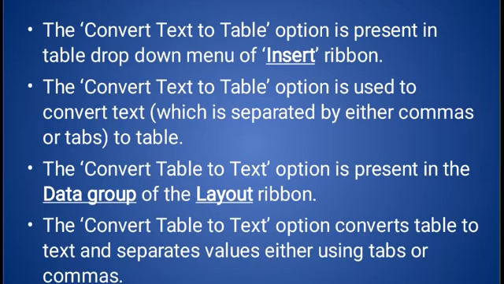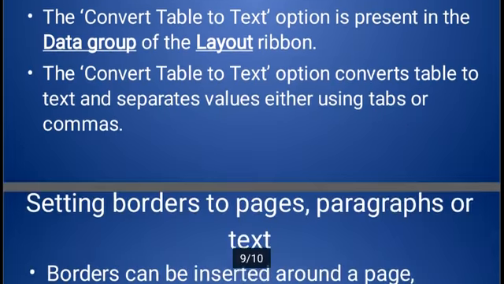The convert table to text option is present in the Data group of the Layout ribbon. The convert table to text option converts table text and separates values using either tabs or commas. So you can use this.